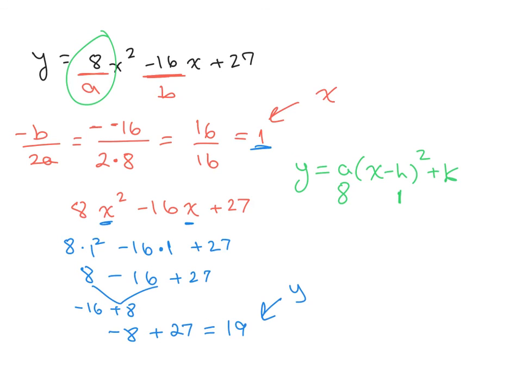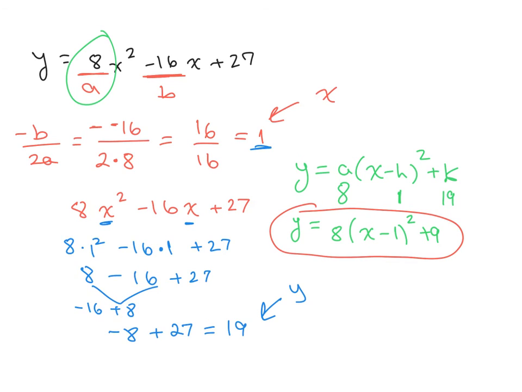And our k is the y-coordinate, which is positive 19. So if we put it all together, we get y equals 8 times the quantity x minus 1 squared plus 19. Oh, I just realized we have to fix that 19 because it looks like plus 9. So let's fix that. Plus 19. There we go. All set.